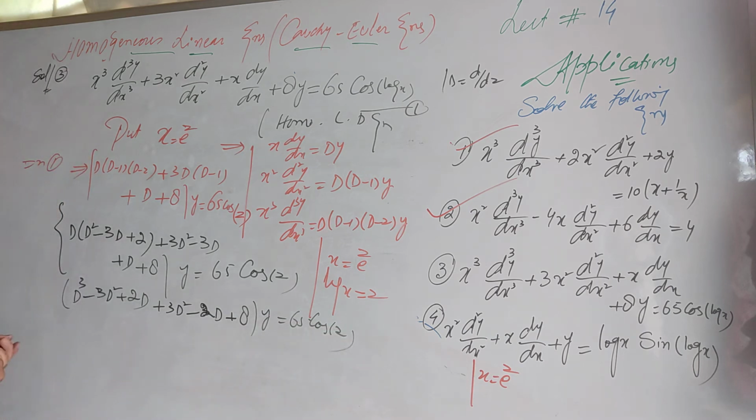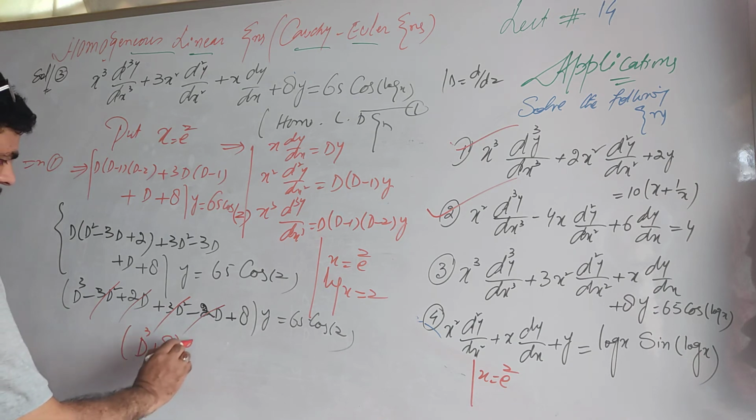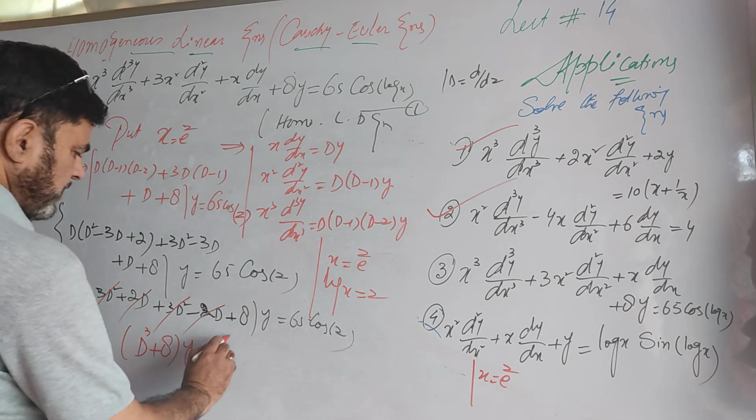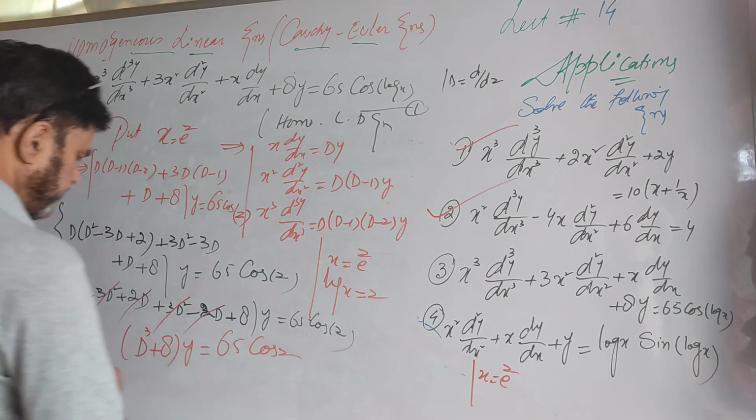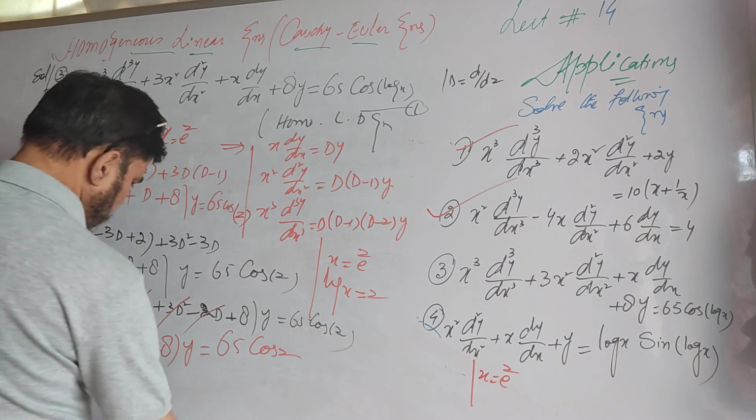Now what does this give you? These terms will not survive. It is D cube plus 8 into y is 65 cos of z. Well, how do you solve it now?